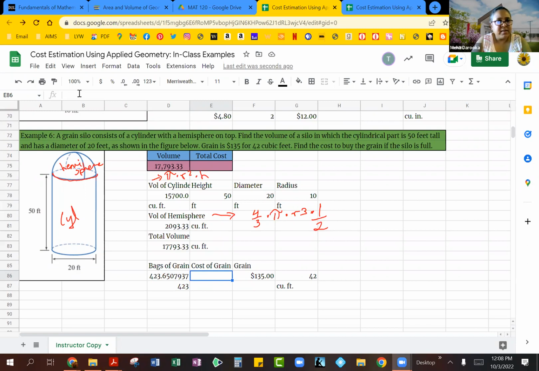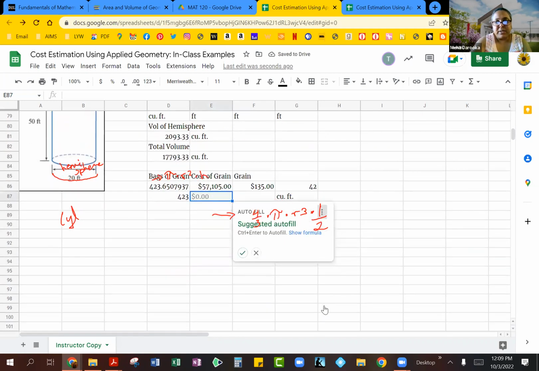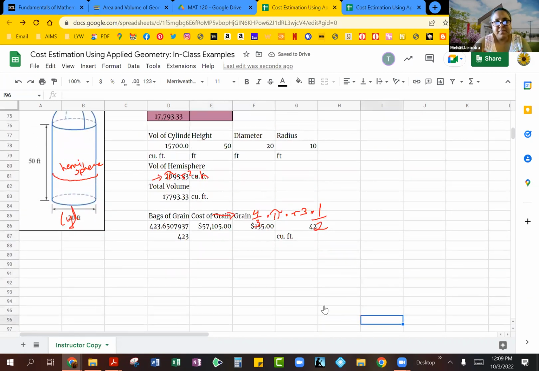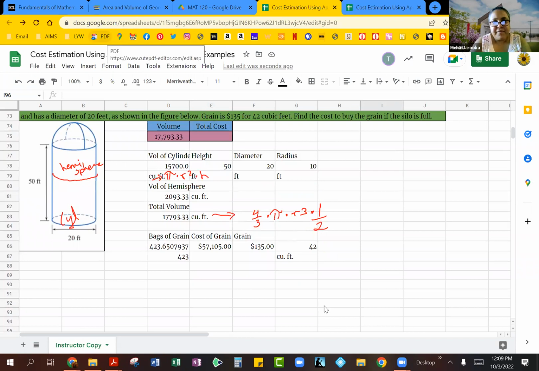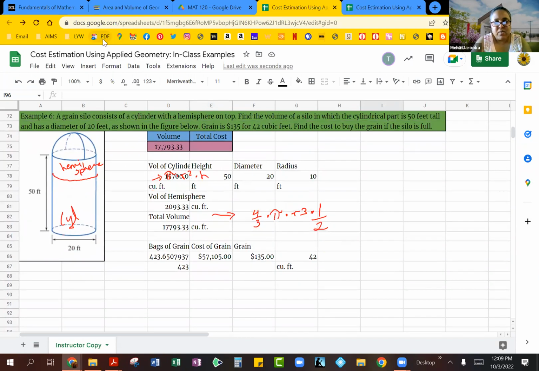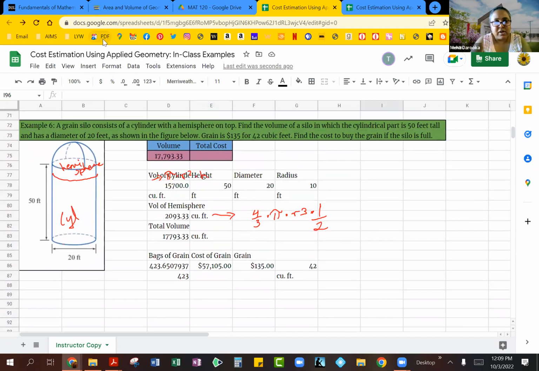Amanda, very good. Yeah, Michael, very nice. So since we are only doing 423 bags, that's going to be 423 multiplied by the price of each bag, which is 135. And as you can see, this will come out to be $57,105.